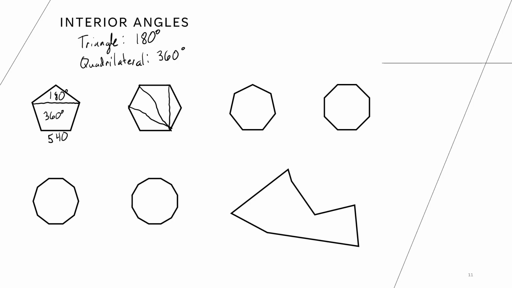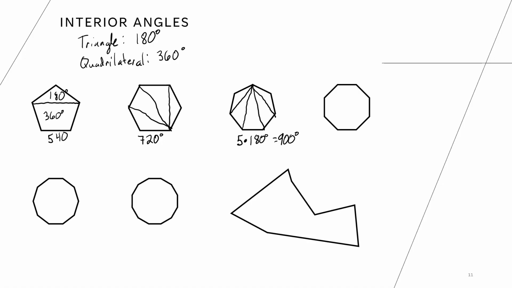I can get 4 triangles out of this. 4 180s is 720 degrees. On a heptagon, a 7-sided figure, I can get 5 triangles. So 5 times 180 is 900 degrees as its angle sum.